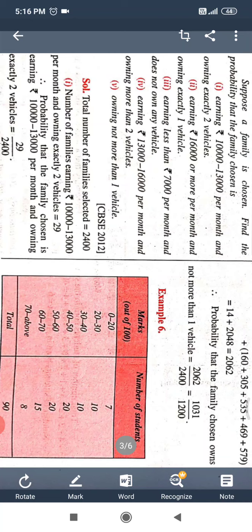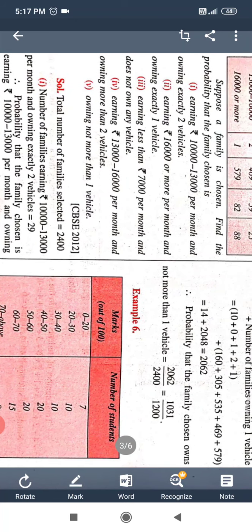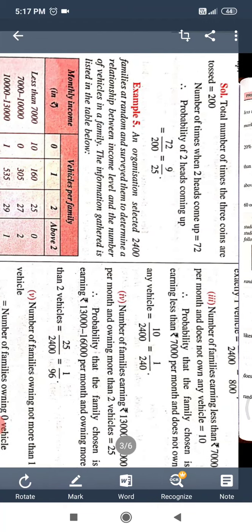So we can write, suppose the probability P(A) equals the number of trials that occur upon the total number of trials. So 29 upon 2400.